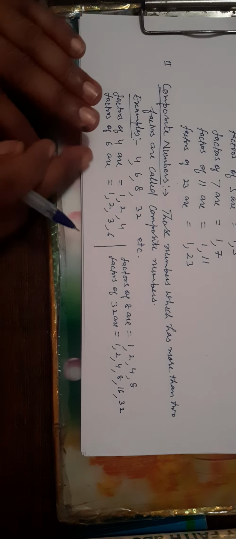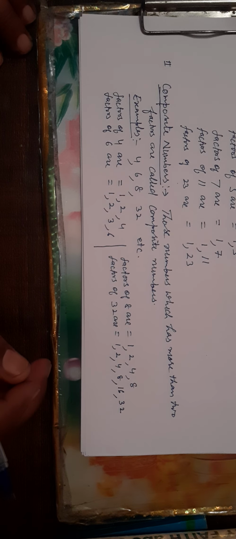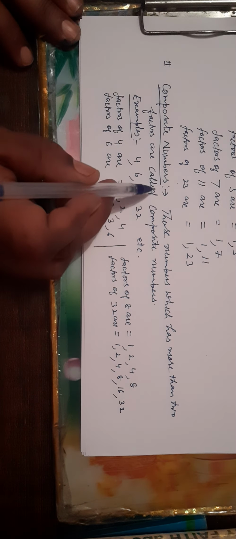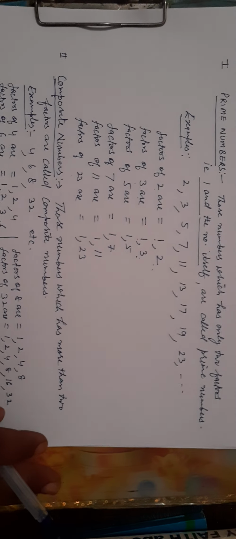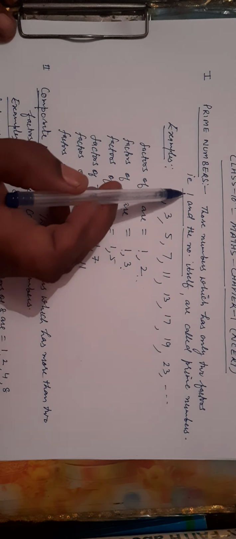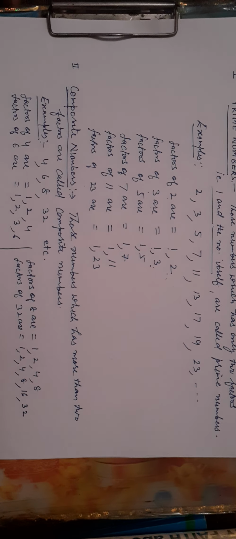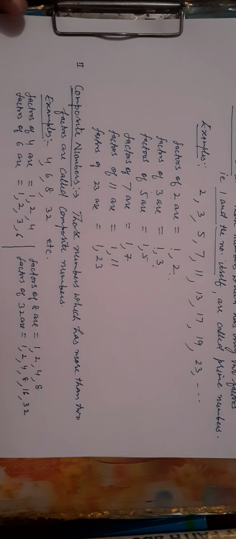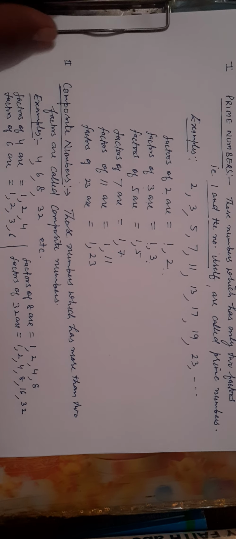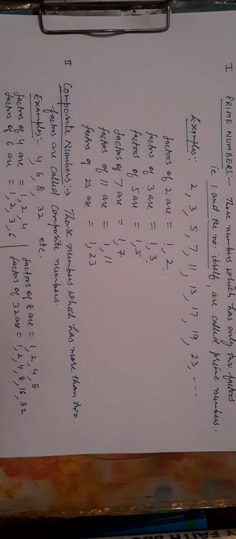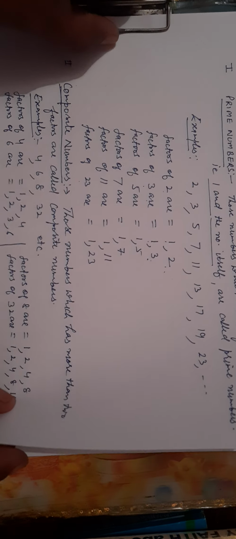So all of these numbers have more than 2 factors. That's why these are called composite numbers. All those numbers which have only 2 factors, that is 1 and itself, are called prime numbers. I hope the difference between prime numbers and composite numbers is clear to you, and these will be used in the next topics, so that you can understand those things very easily.